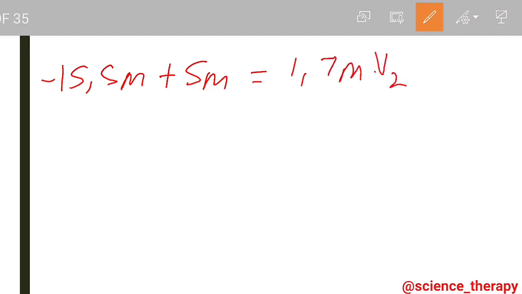Then what is negative 15.5 plus 5m? We now have negative 10.5 m, equal to 1.7 m V2.